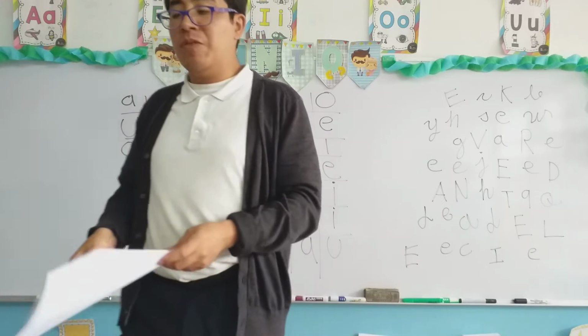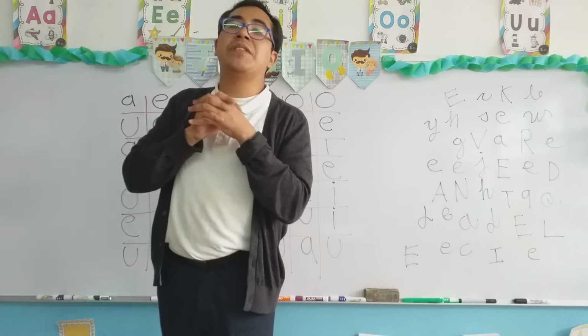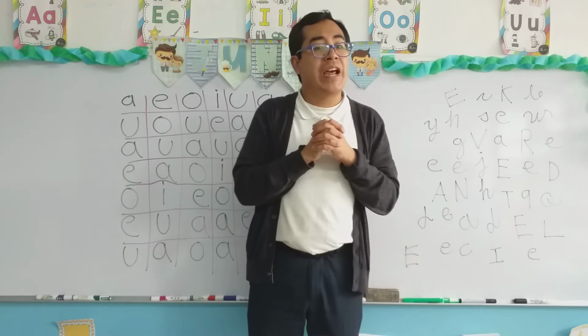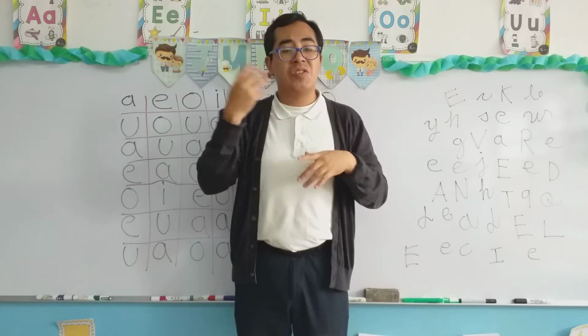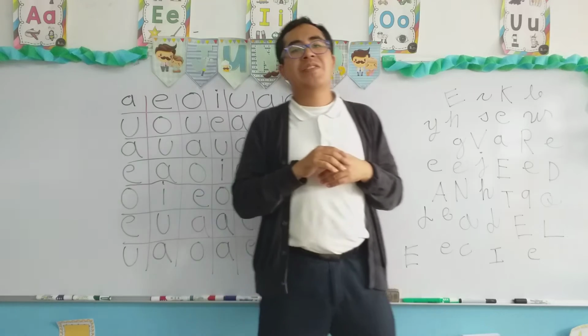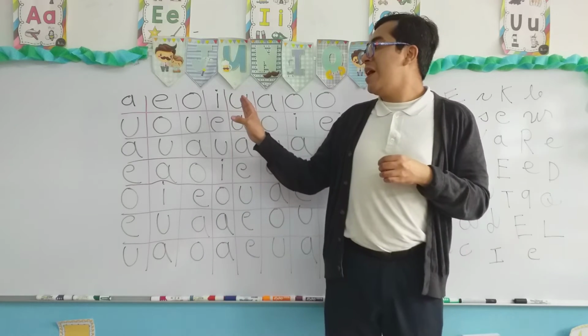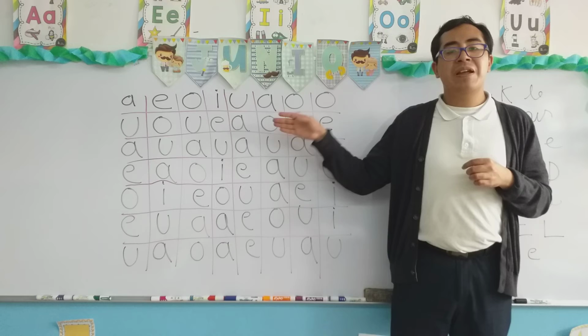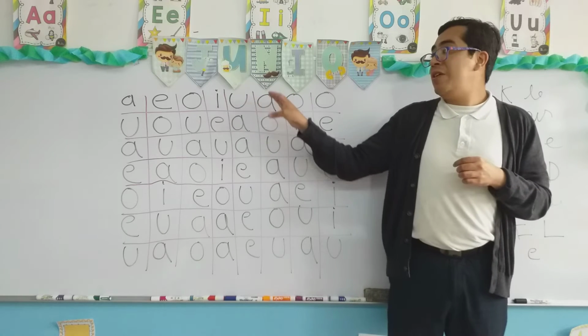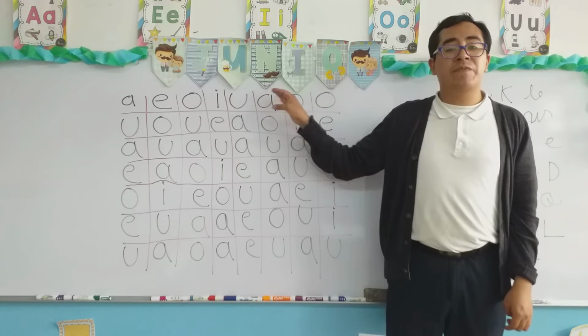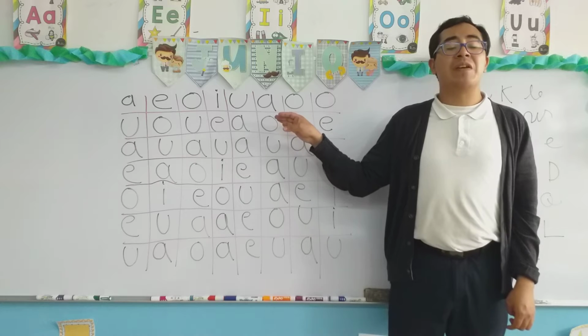Now, today, my children, we're going to make an activity so we can recognize capital E and small e. First, let's work with the exercise that is right here next to the teacher. Now here, inside each one of these squares, we have several letters.